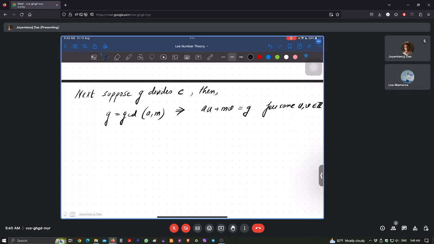So suppose we find a solution, U equals U0 and V equals V0. And we know that G divides C, so we can multiply the whole equation by C by G. Since G divides C, C by G is an integer, right?